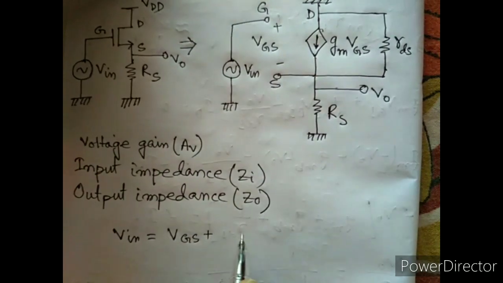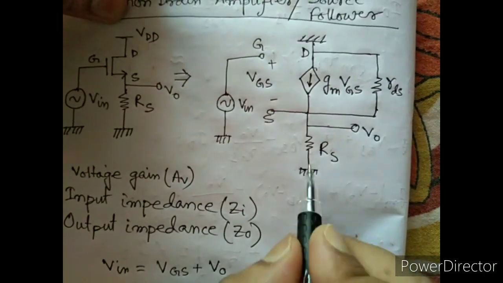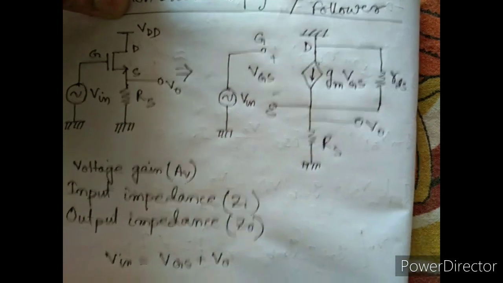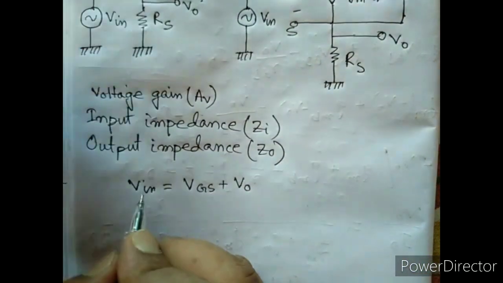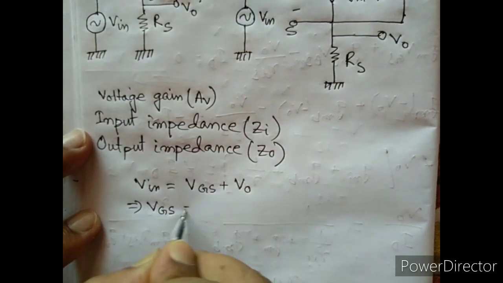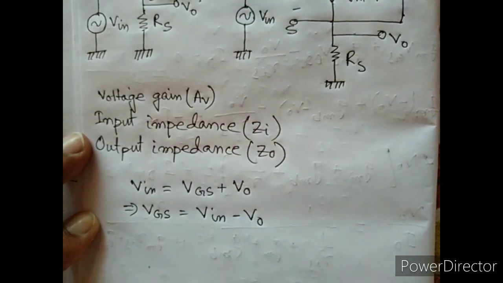Potential drop across here is V0. So from this we can also write VGS equals Vin minus V0.